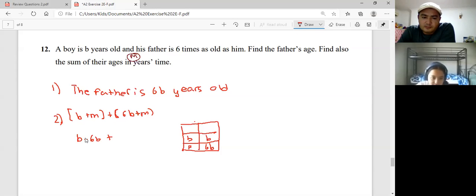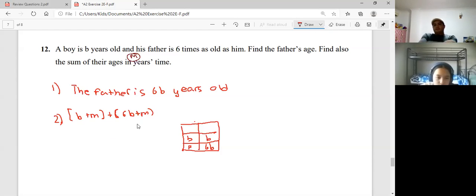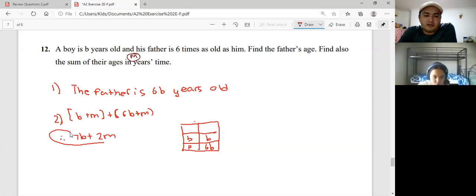It's 7b. Okay, just simplify: b plus 6b is 7b. And 7b plus, what is m plus m? 2m. That's it, that's the answer. So we have just found the sum of their ages after m years.